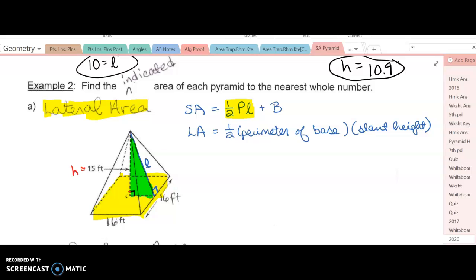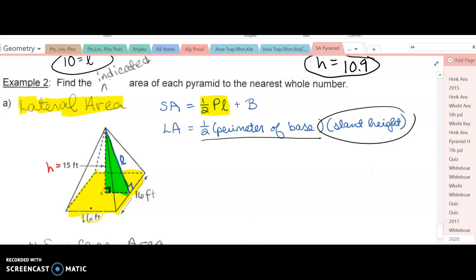And then we also know that if it's 16 feet across, I'm starting this problem by finding that slant height that we don't know. So we know that if it's 16 feet all the way across the square, then halfway across would be 8.